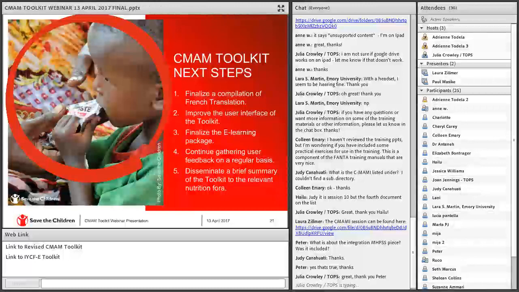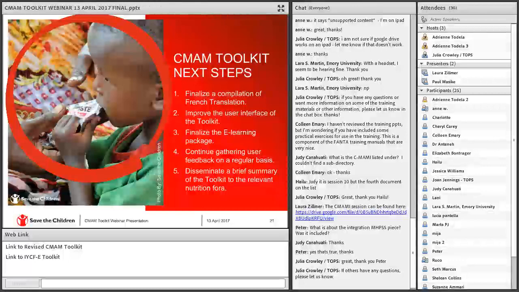Most of the components that are owned by the revision team have been revised, but as I mentioned earlier, there are some tools from other organizations that either have French translations or may need to be translated, and for that there is a need to get approval to go ahead.